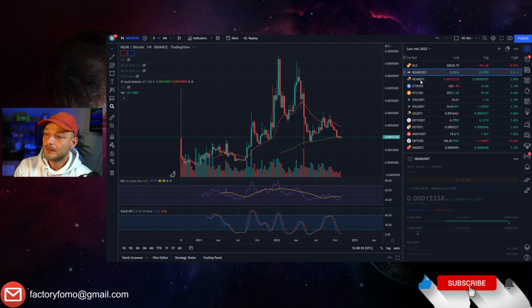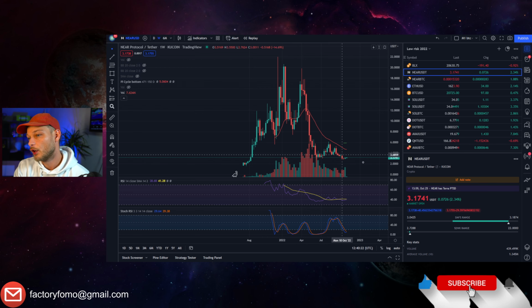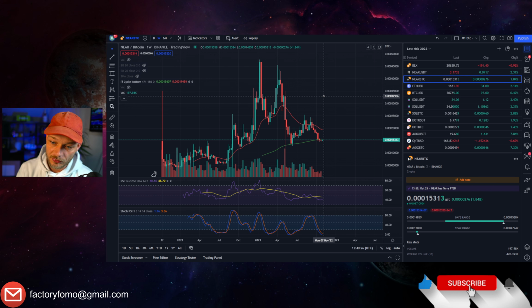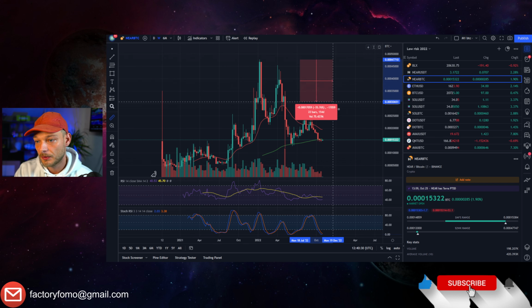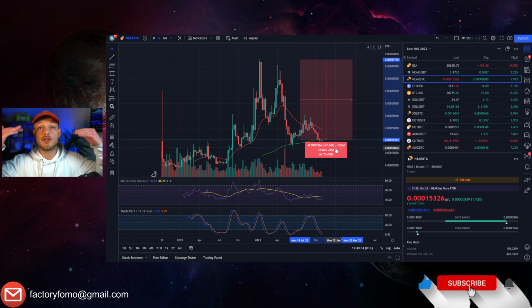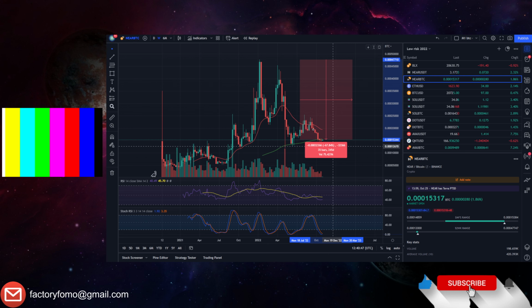So you can assume that this goes down 4x as well, but not necessarily. This right here is how much NEAR is worth compared to Bitcoin right now. So it came down from the top to the bottom 67%. So while Bitcoin was worth 4 times less, NEAR compared to Bitcoin was also down 60-70%, right? So that's how you can take a look at that.